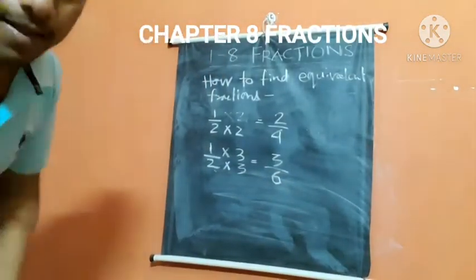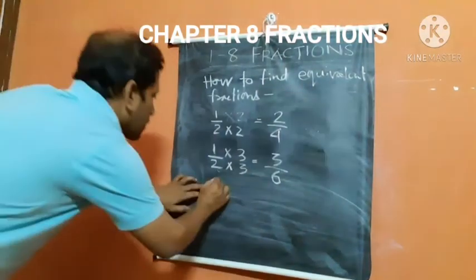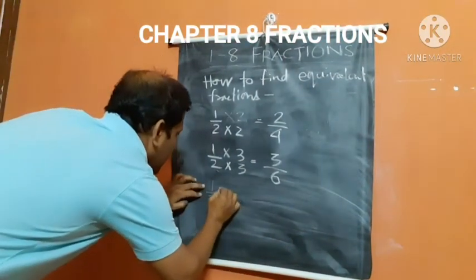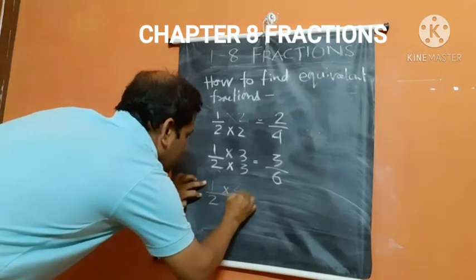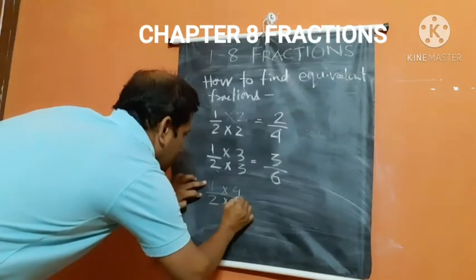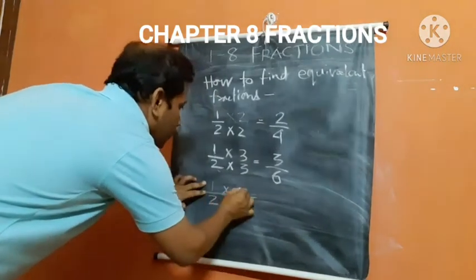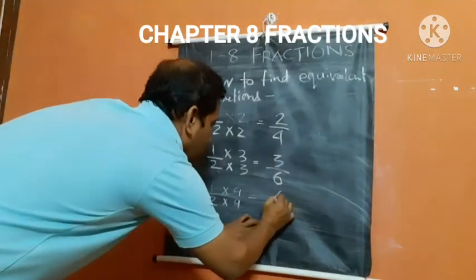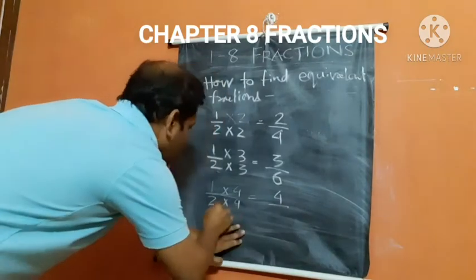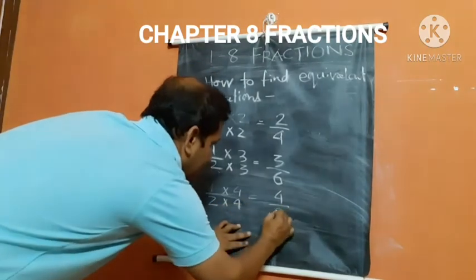Again we can multiply 1 by 2 into 4, and the denominator also with 4. So the result will be 1 into 4 is equal to 4 and 2 into 4 is equal to 8.